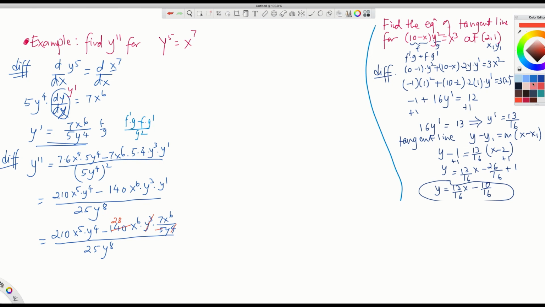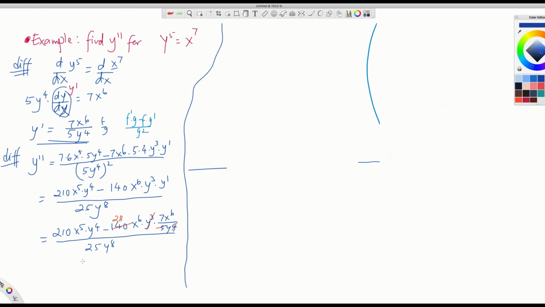So you will basically get 210 x to the 5 times y to the 4 minus, what is 28 times 7? 28 times 7 is 196, and then x to the 6 times x to the 6 divided by 25 y to the 8.